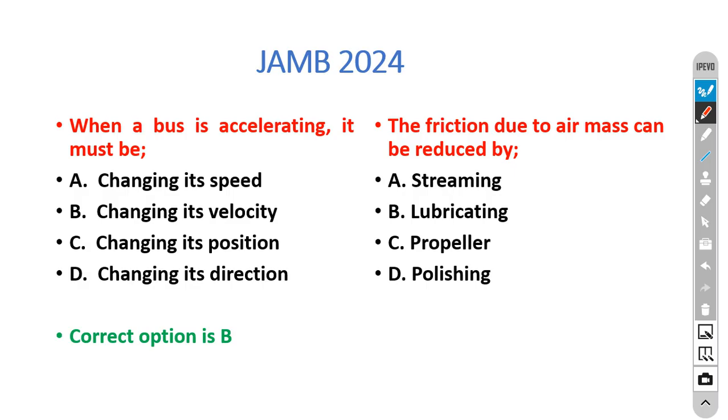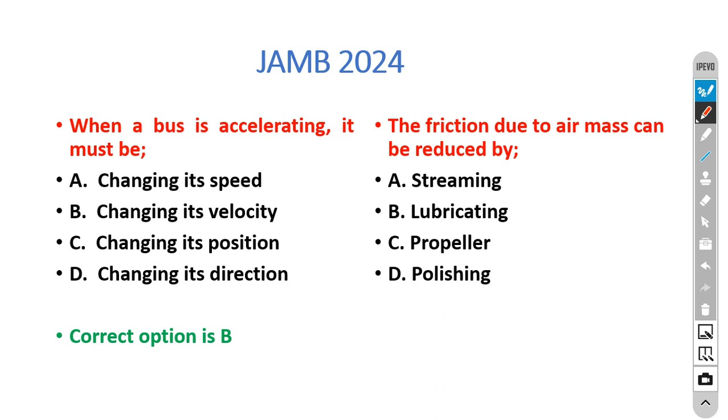The cars are constructed to appear as if they are a fish. The bus has the same shape, and the aeroplane. That very shape is what they call streamlining. The vehicles or the masses are made that way in order to reduce friction.